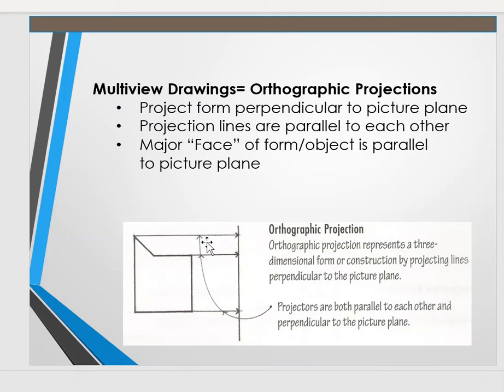As we're projecting these lines, we can create a front view, a different view of this object, looking this way. So if I tilt this object towards me, it's going to look different. This is the side, and that's how we do it. So you have a major face of a form or an object, and that's parallel to the picture plane. So creating this different view, looking this way, it's going to look different.